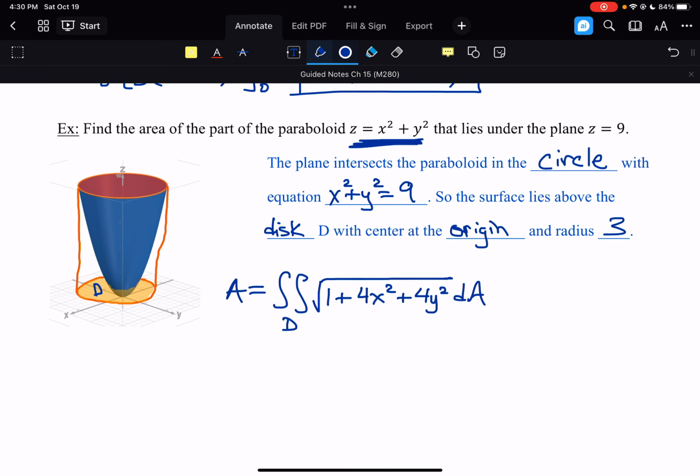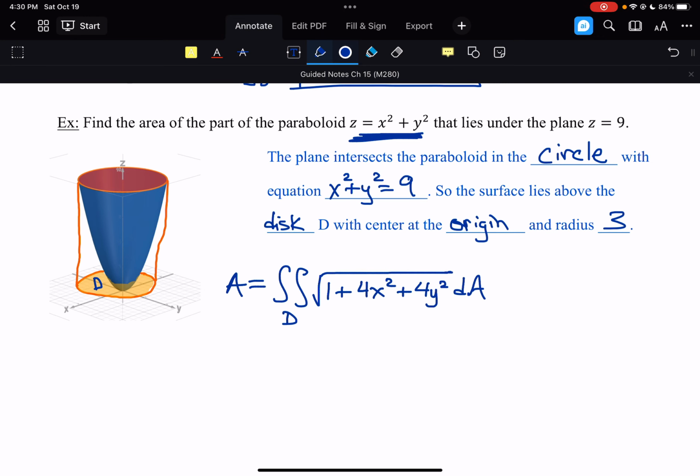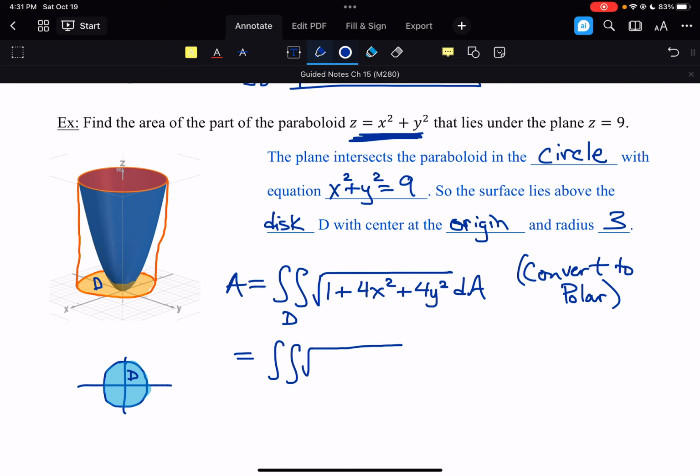Now we would need to set this up using the region D. This region, because it is circular, doing our traditional vertical or horizontal integration, not the best way to go. In this case, we definitely want to convert to polar, so that we can set this up better for ourselves.